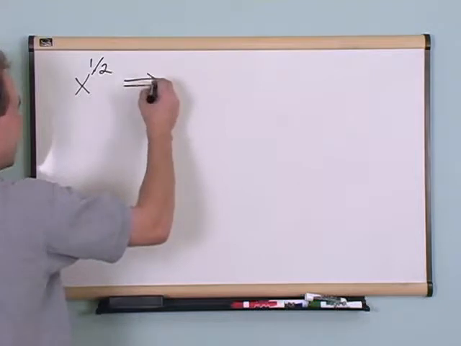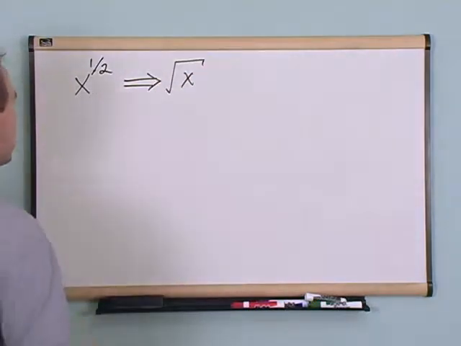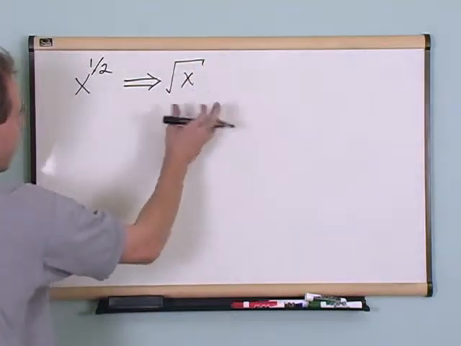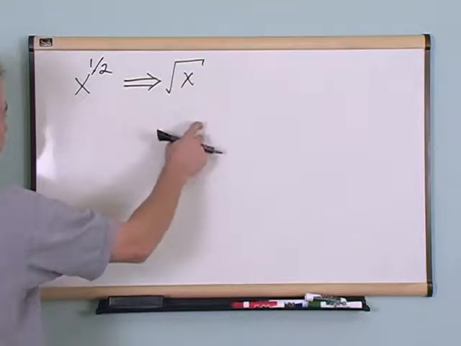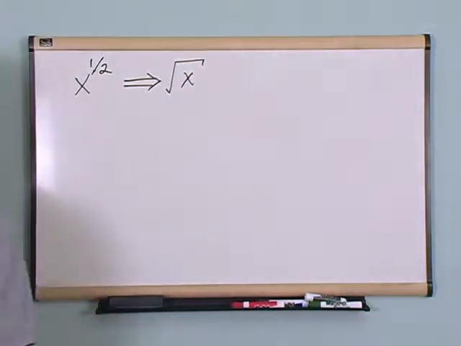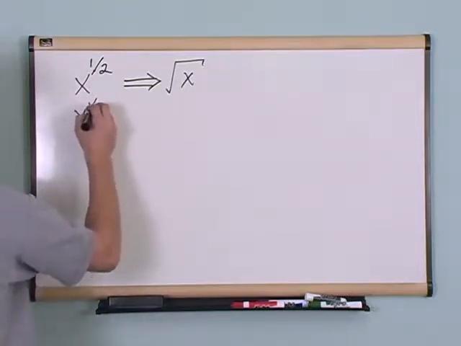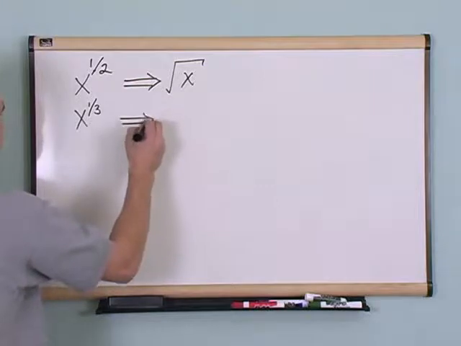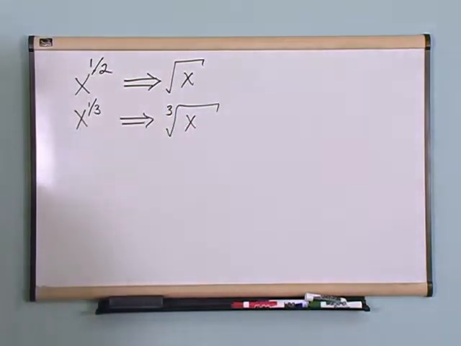This is exactly the same thing as the square root. When we write this square root symbol, what we mean is, and I haven't told you up until now, though we've solved a lot of problems like this, x raised to the 1/2 power. If I have x to the 1/3, that means the cube root of x.